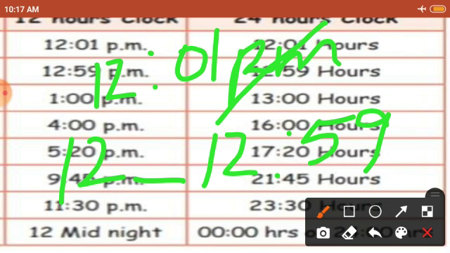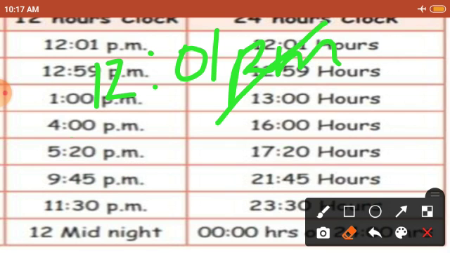If it is 1 PM or 1:15 PM, that time only you have to add 12 with it. But if that is 12 noon or 12 o'clock, then 12:01 PM, 12:03 PM, 12:15 PM up to 12:59 PM, you don't need to add 12. So you will get the same thing only. You will get 12:01 hours only.